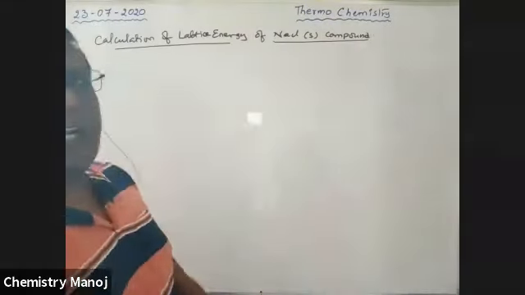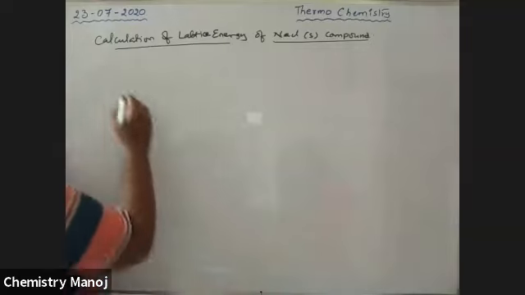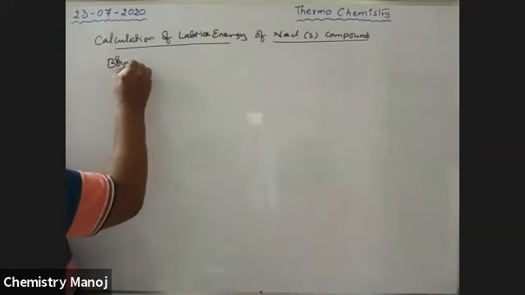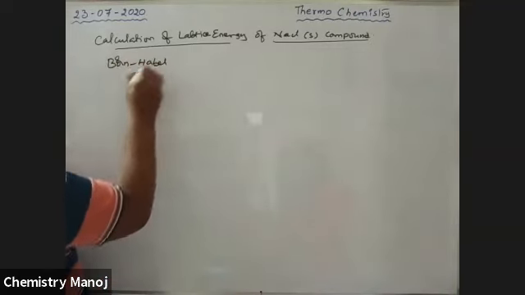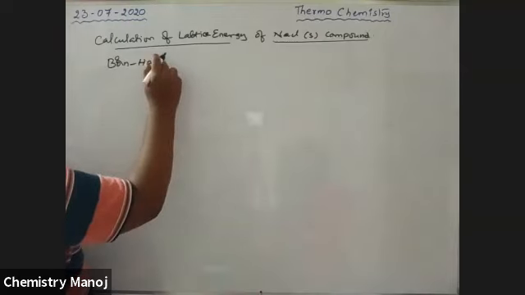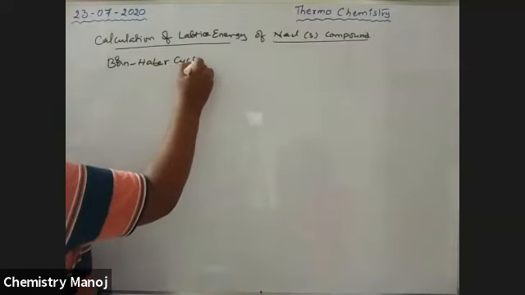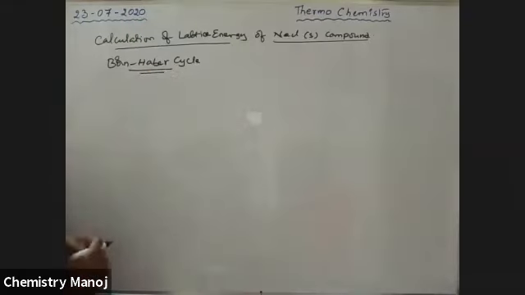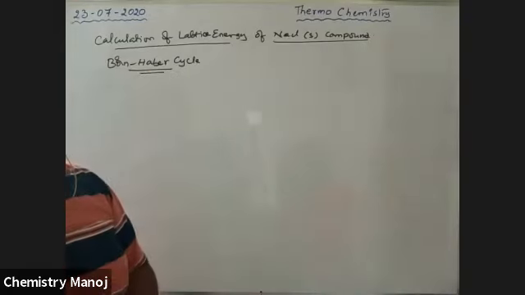This calculation of lattice energy is by the Born-Haber cycle. It is the method used to calculate lattice energy.